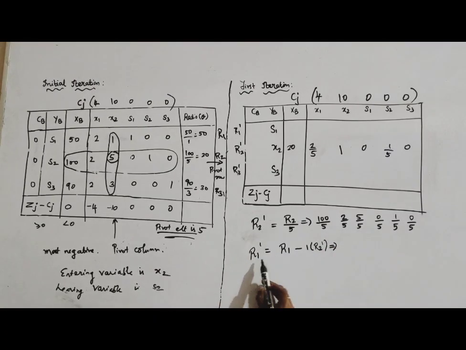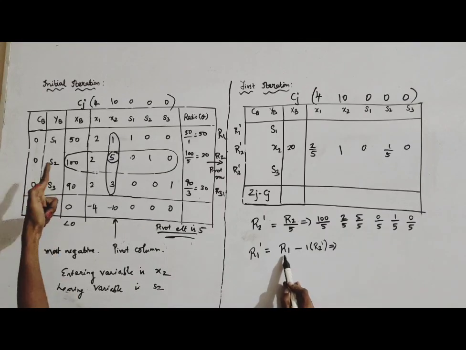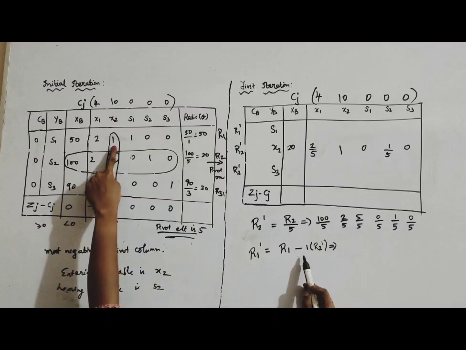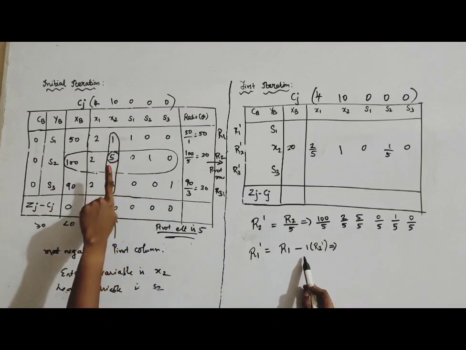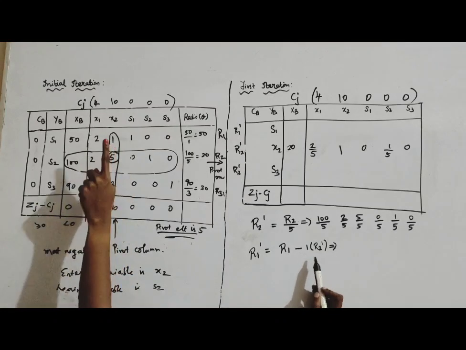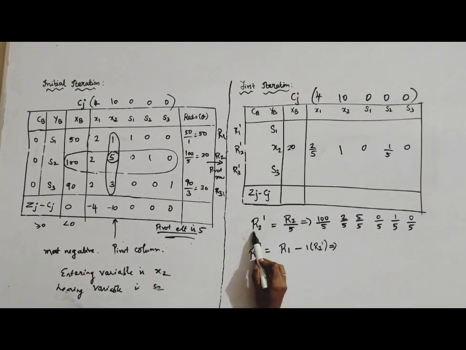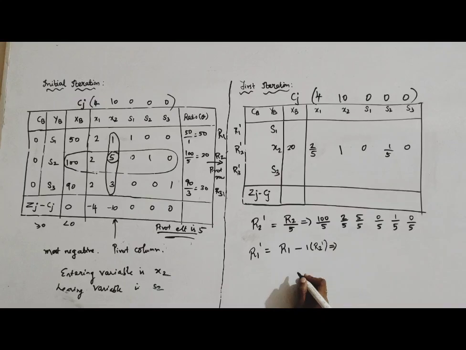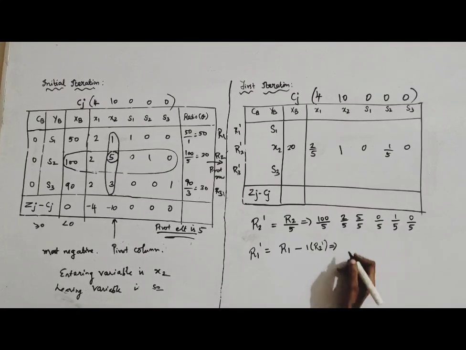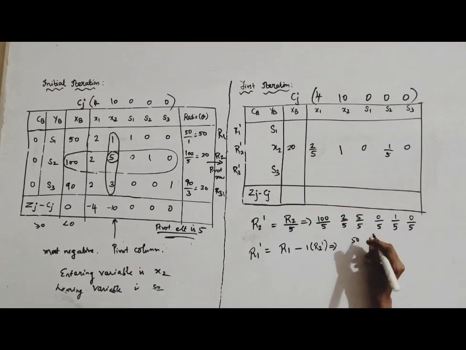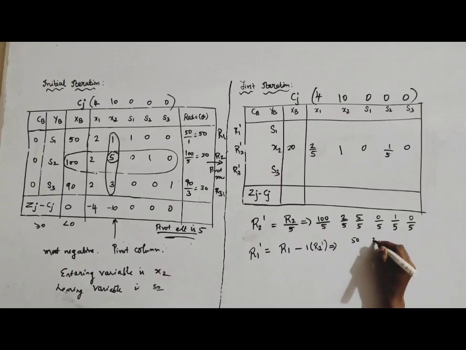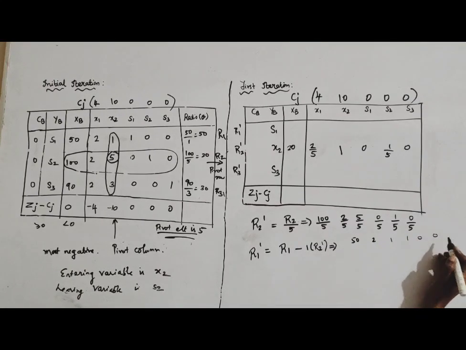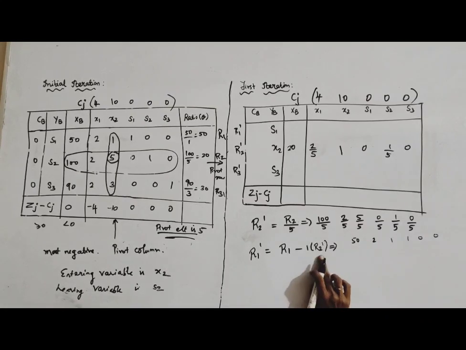R1 dash is equal to R1, that is old equation, minus the corresponding column coefficient, that is pivot column already we find, that corresponding column coefficient into new R2 dash, that is the new pivot equation. Okay, what is that? R1 old value is 50, 2, 1, 1, 0, 0, and 1 into R2 dash.